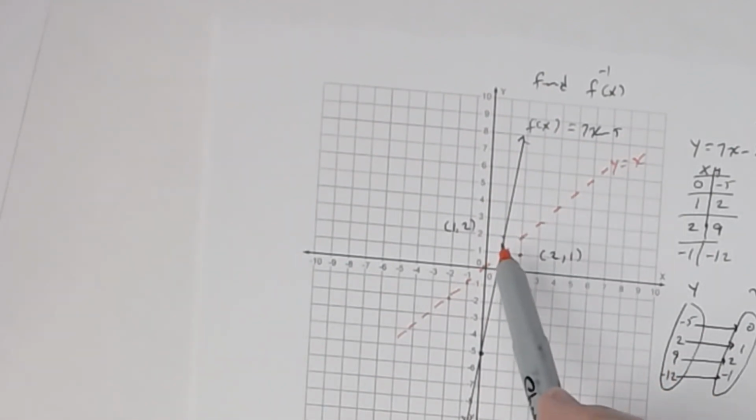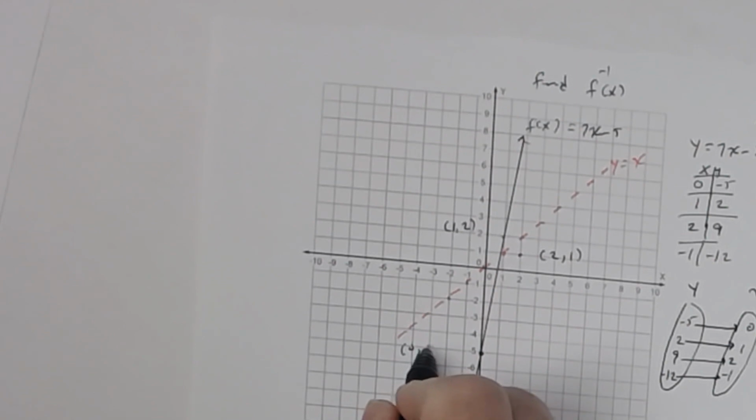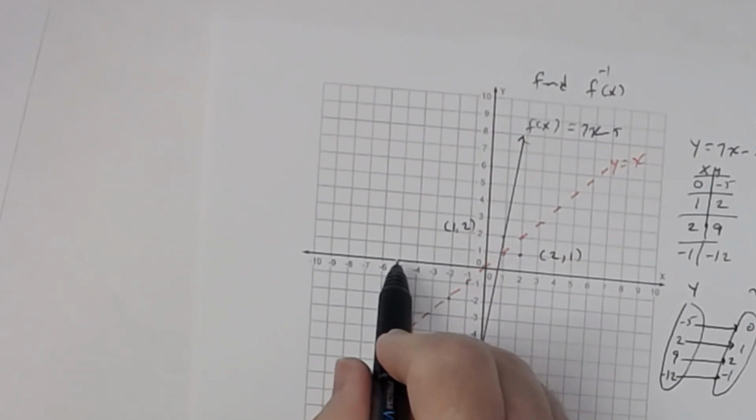Now remember, 1, 2 becomes 2, 1, right? And you see this 0, negative 5 right here? Let's talk about that. 0, negative 5 becomes negative 5, 0. And negative 5, 0 is right here.